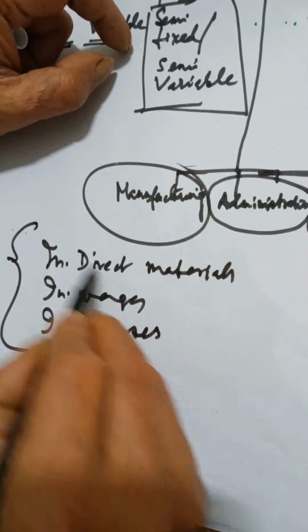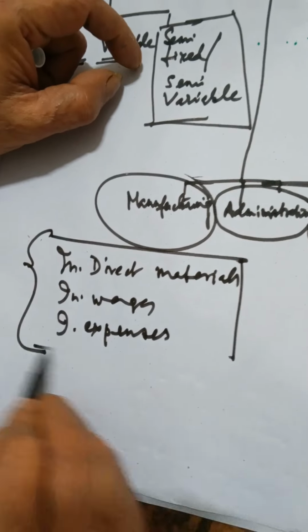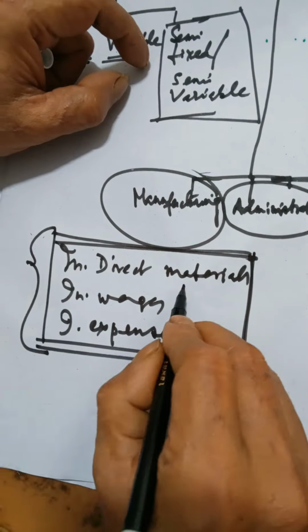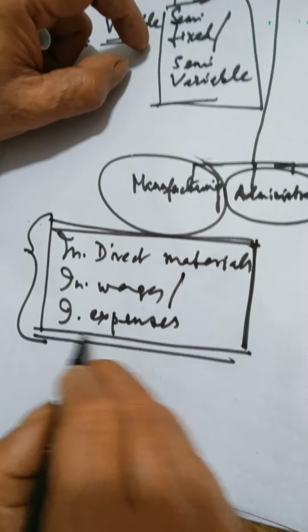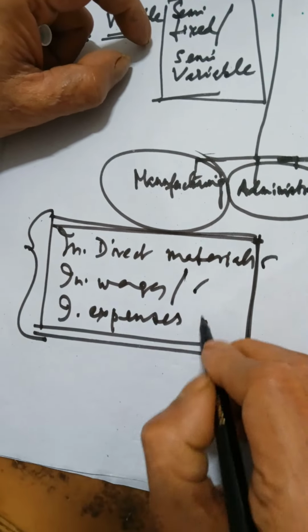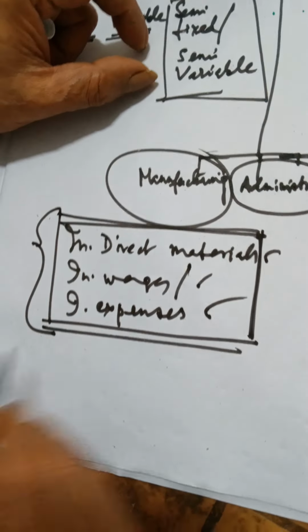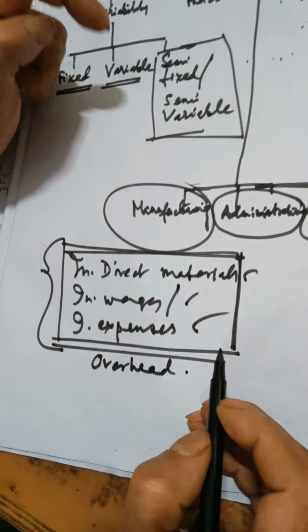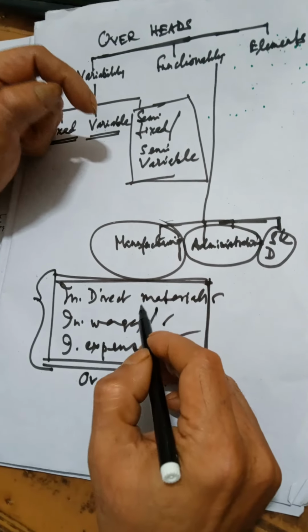So element wise, these three, that is indirect material cost, indirect wages or indirect labor cost, and indirect expense, these three make overhead. So according to element wise, these are the division of overhead cost.